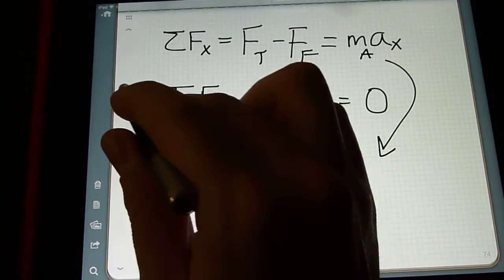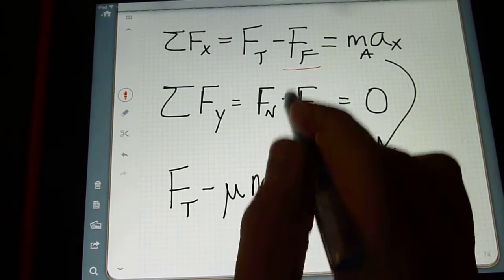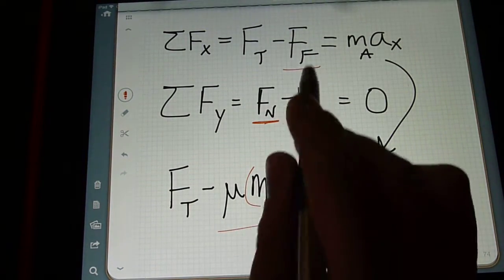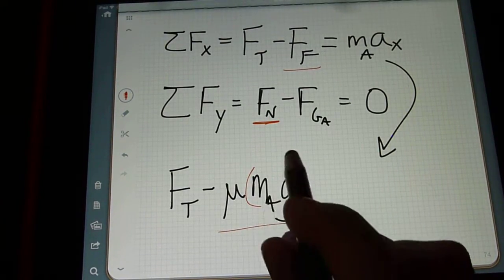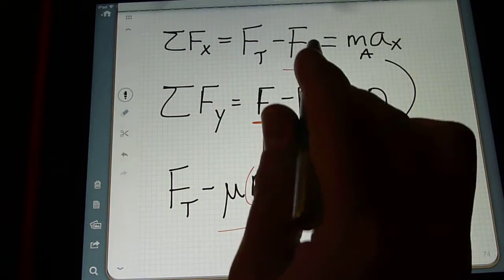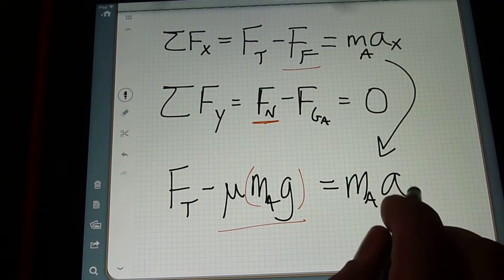So just for clarity, this friction force is this, and this is the normal force, right? Friction force is defined as mu times the normal force. So then we're going to have F of t minus F of friction equals mass A times AX.